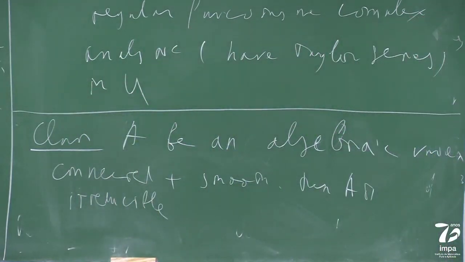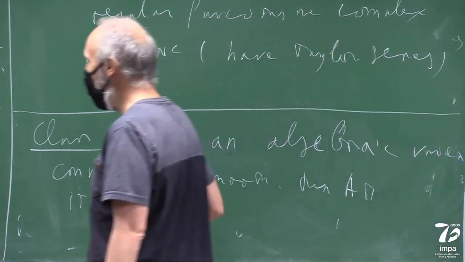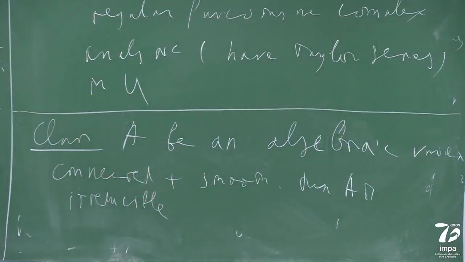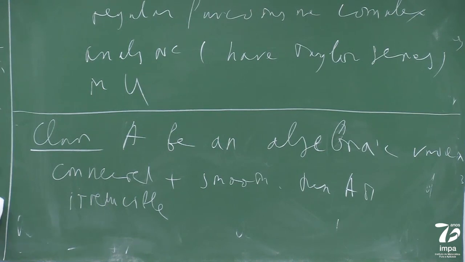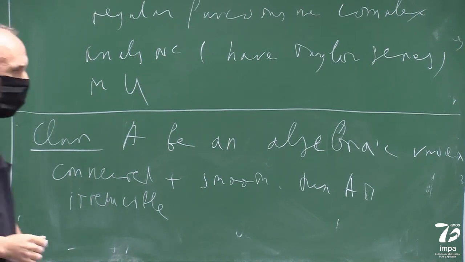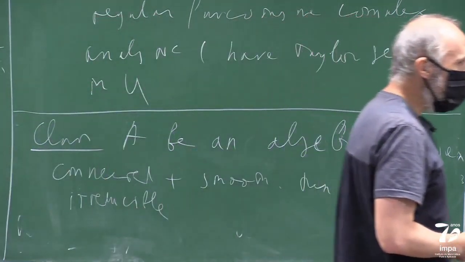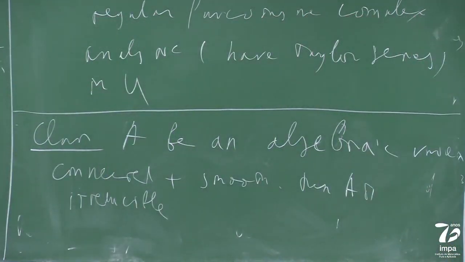In fact, if you are interested in the Zariski topology, connectedness in the Zariski topology implies the usual connectedness, and this is extremely hard. So it takes very advanced complex analytic arguments. Okay, so the proof is sort of easy.